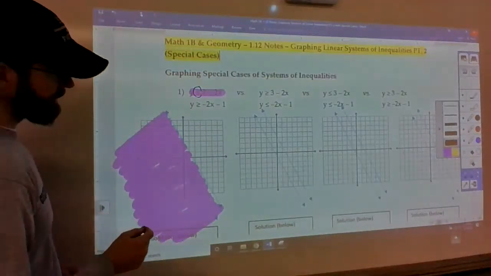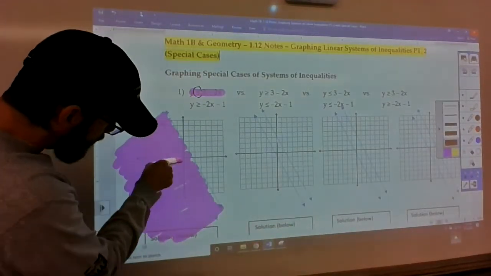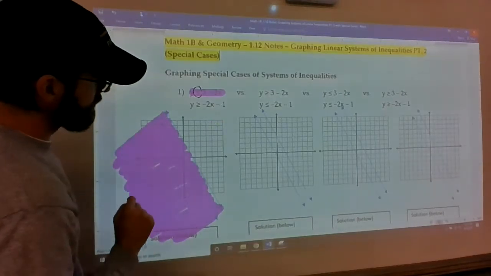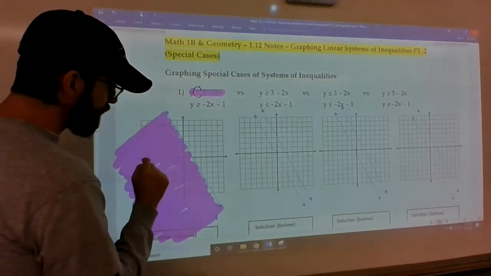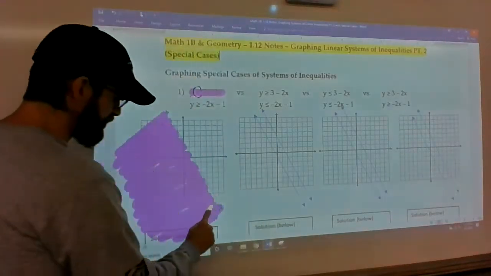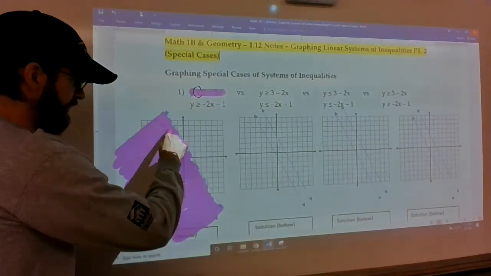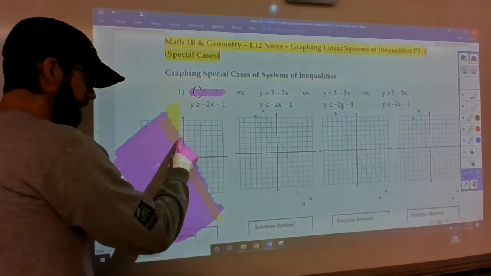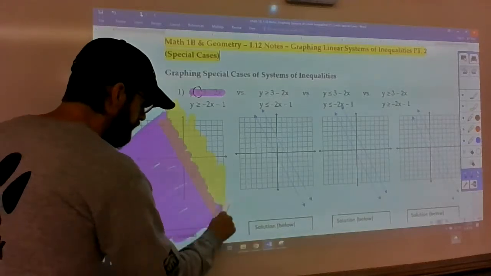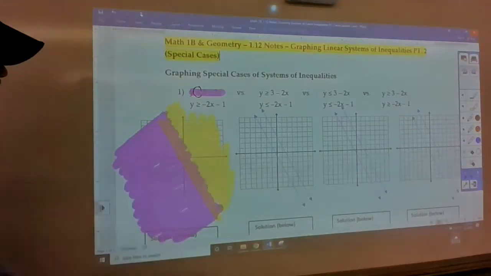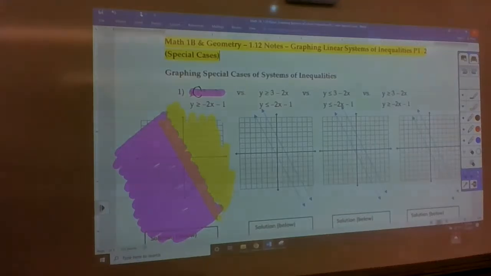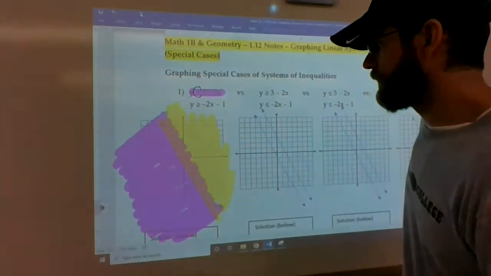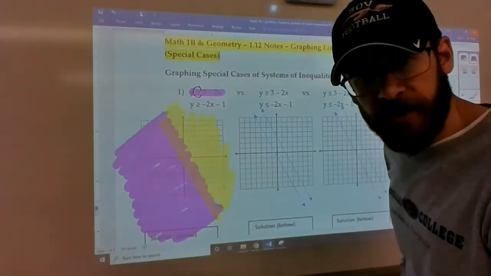Now on the opposite end, the line below it that has a starting point at -1 is greater than. So the greater than means we're going to shade above this line here. The solution is the space that they both occupy. Well, it's pretty clear, right?